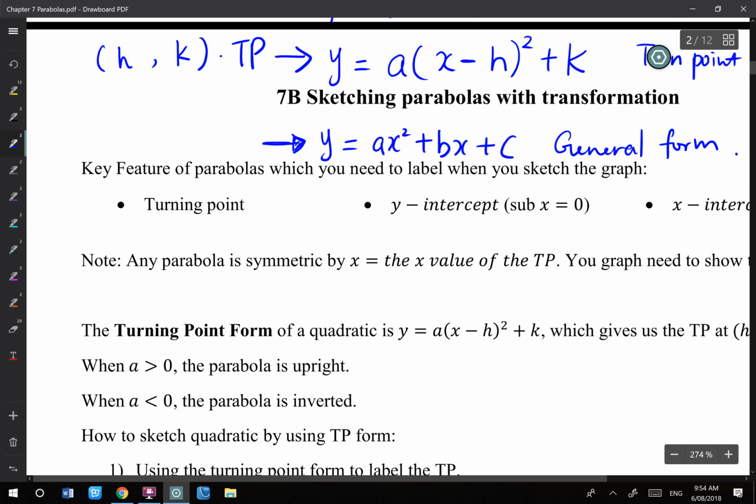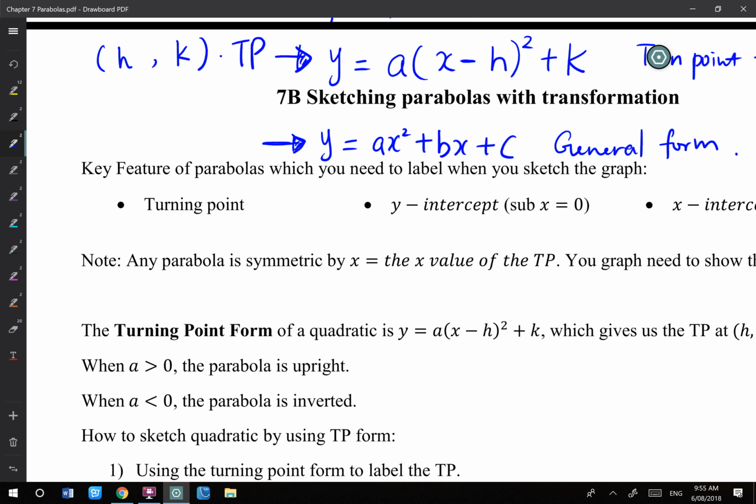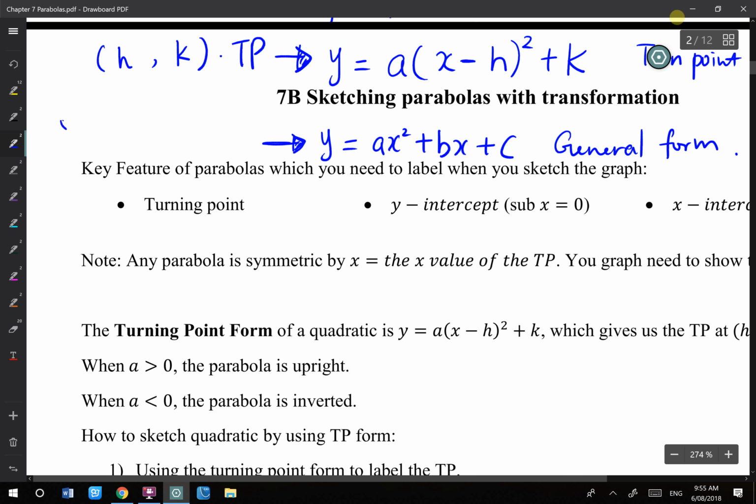I can easily get the turning point from turning point form. What can I easily get from a general form? Just have a think. Yes? The y-intercept, good. I can easily see the y-intercept from the general form, because when I sub x equals 0, I don't need to do any calculation.